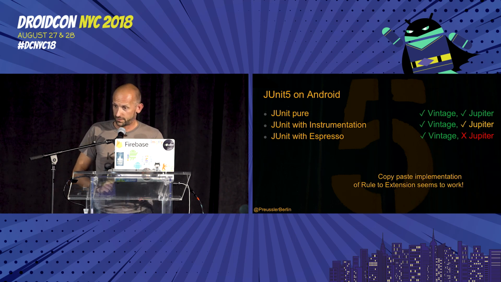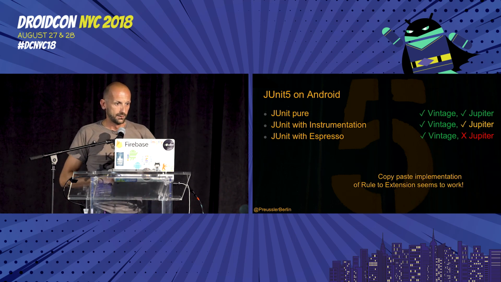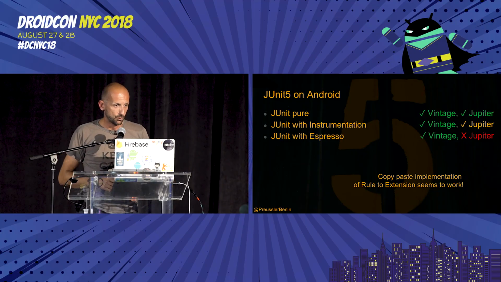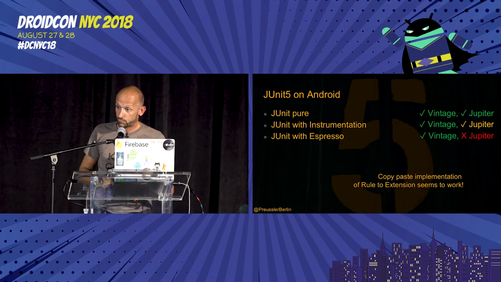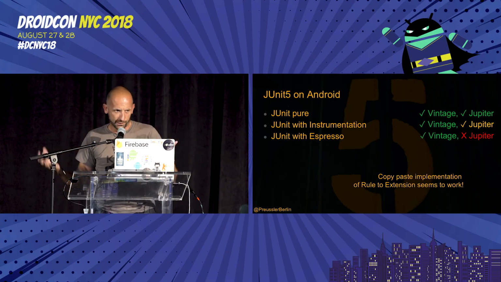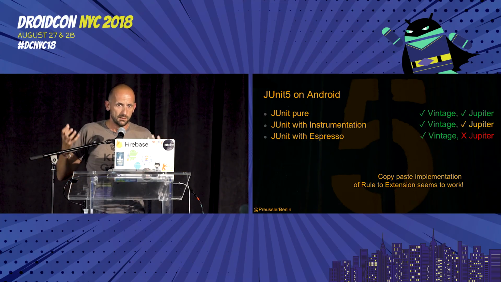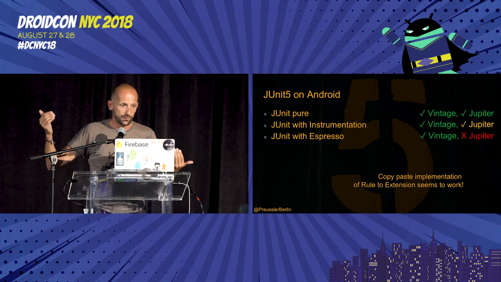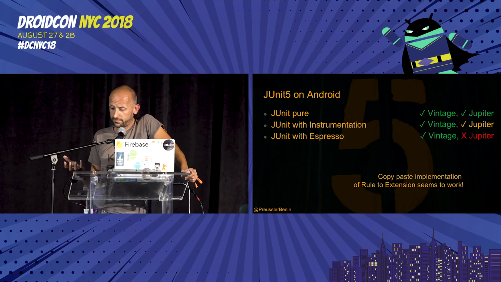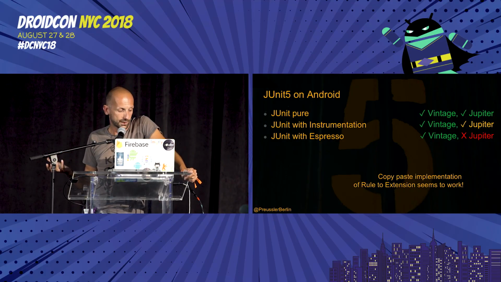But we are developers, right? So what I did, I looked into this ActivityTestRule. I just did a 5-minute copy-paste implementation like I did with the ToothpickRule, and it was actually working. I could run an Espresso test. Because there is some code in there that sets up the instrumentation registry, there are some idling resources, but all they want to do is have an entry point. So it's working actually really well. I couldn't test it on my real project, like the production project, but this is not related to this plugin.